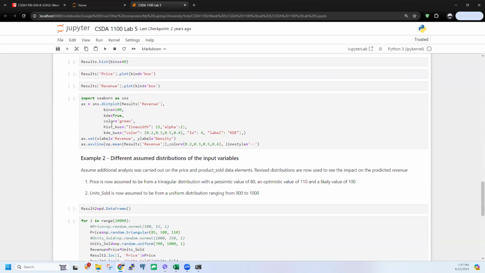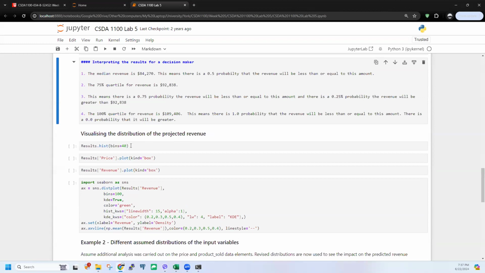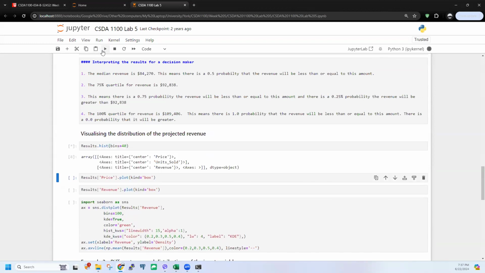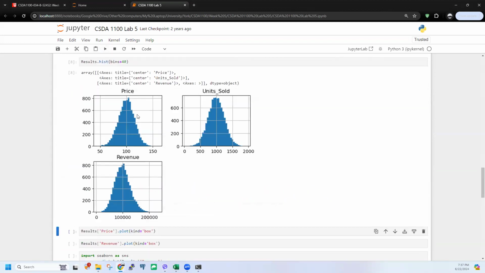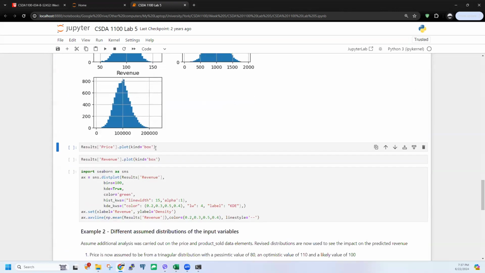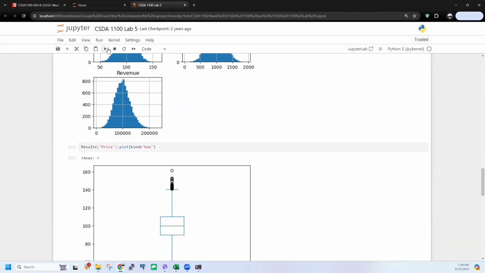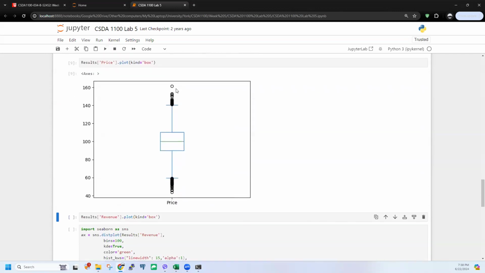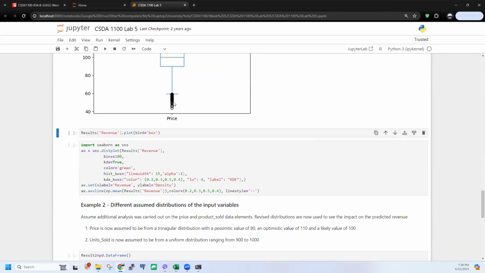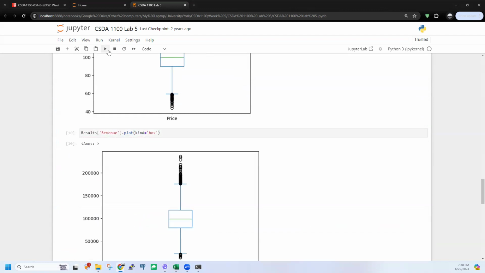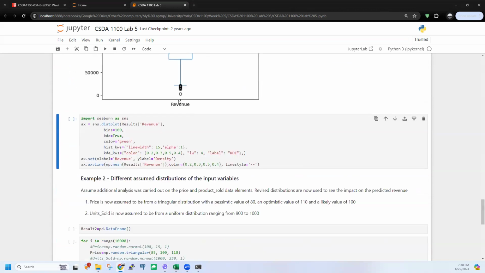So you can also look at the visualizations of the projected revenues from a histogram point of view, and price, units sold, something fun, exciting, descriptive. You can also look at a lot of outlier events. So it looks like there's going to be some outlier events in here, quite a lot actually. Same thing with the revenue plot, some outlier events.